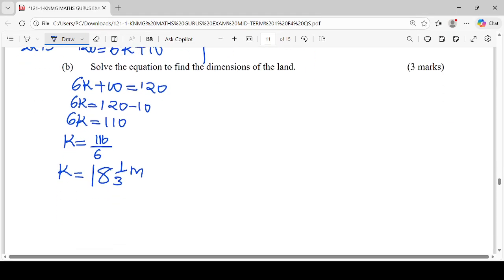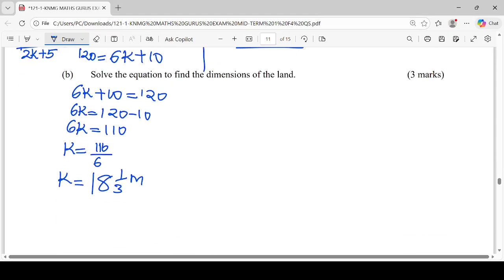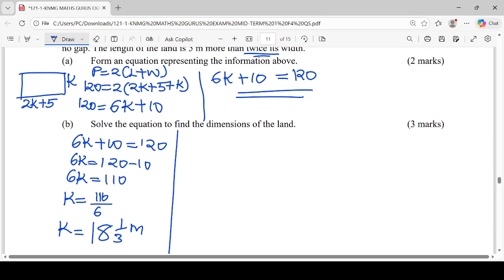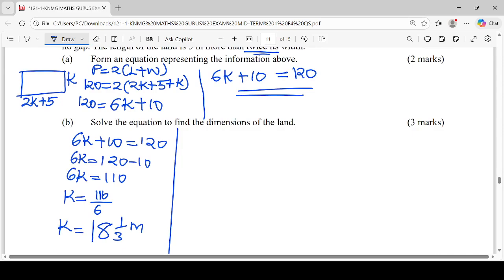After you have that as the value of K, what are you going to do next? They want the dimensions of the land. That means the width of the land is K, which is 18 and a third meters.